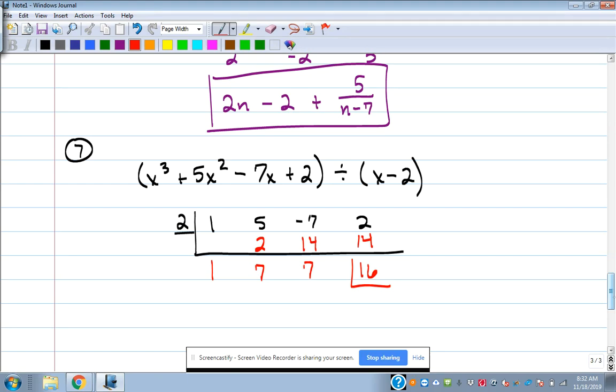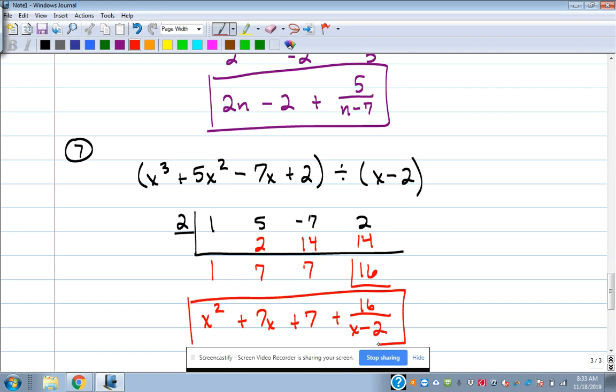Remember, quotient means the answer to a division. That's it. Getting pretty good.